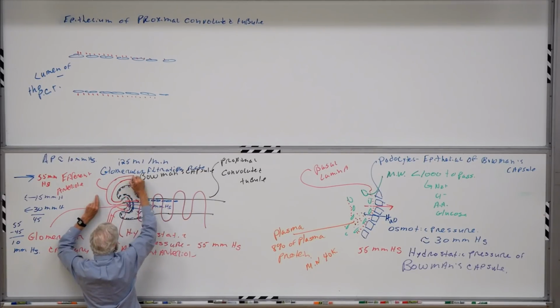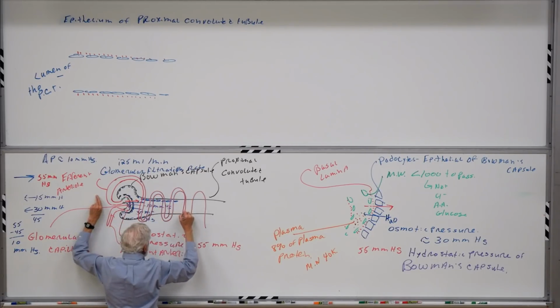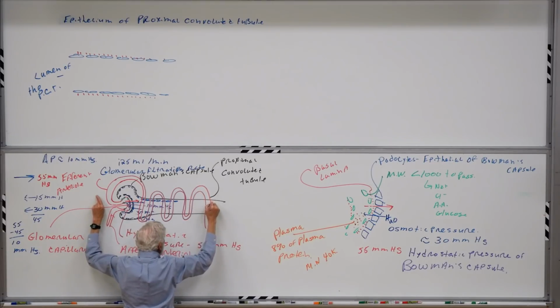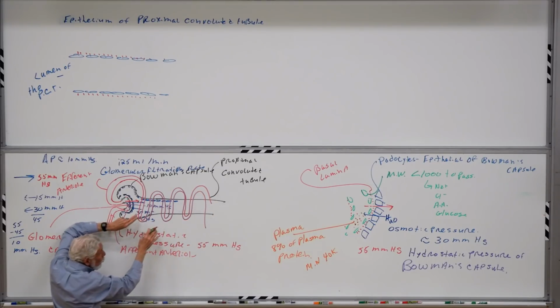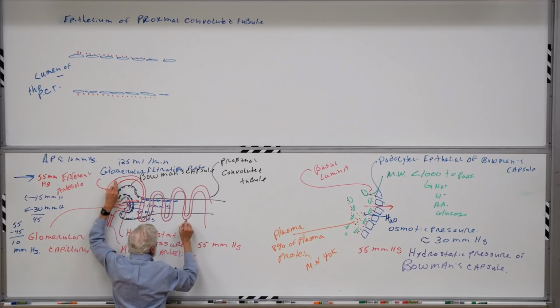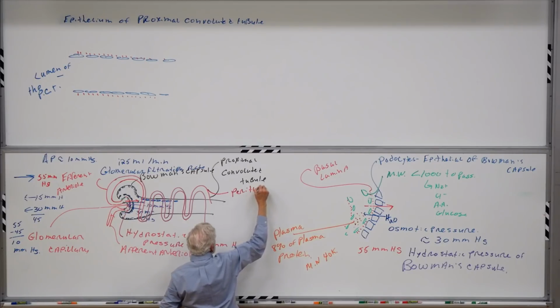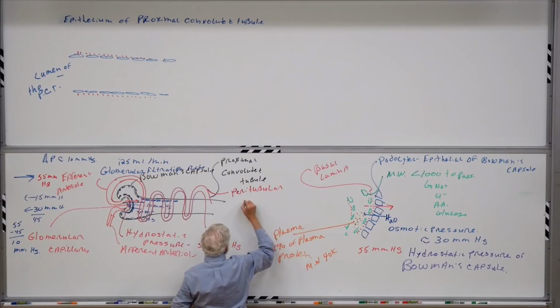As the extension of this efferent arteriole winds its way around the proximal convoluted tubule, it loses its characteristics of an arteriole and becomes a peritubular capillary.